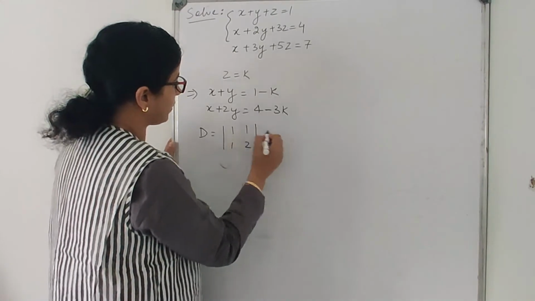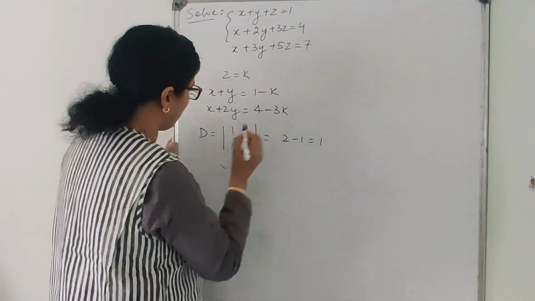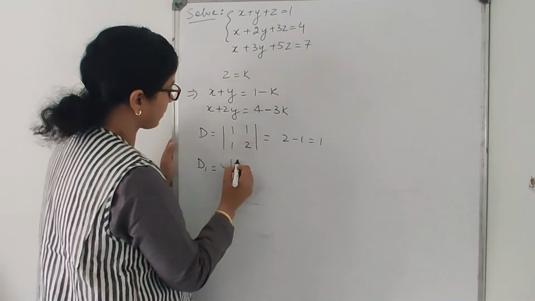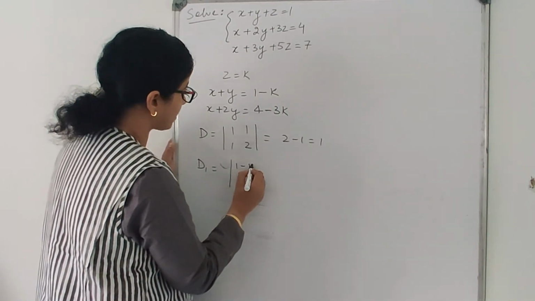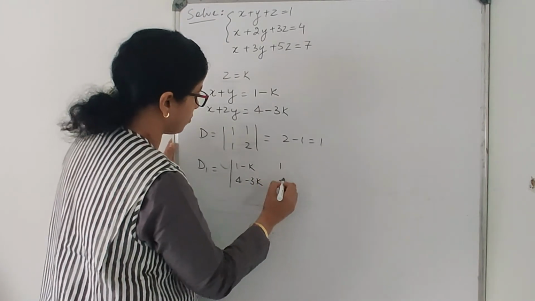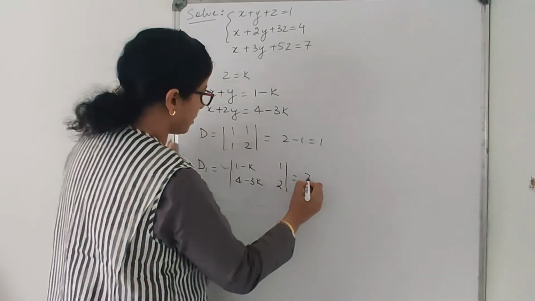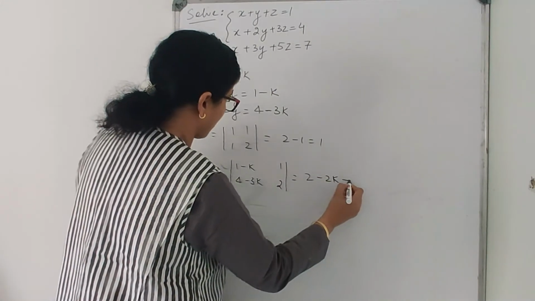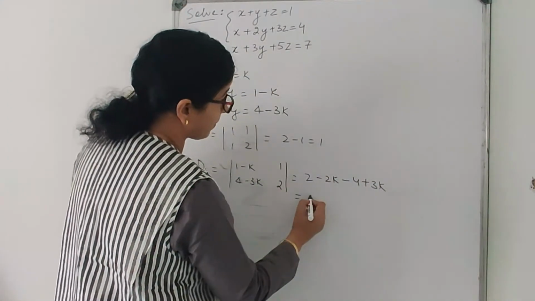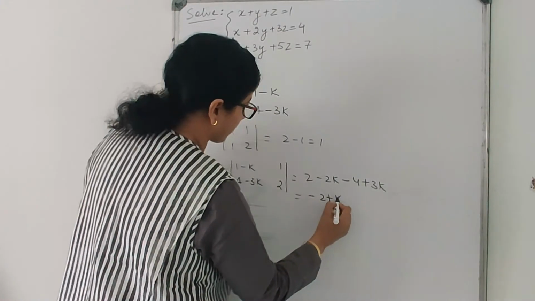So what is the value of d? 2 minus 1 is equal to 1. I will find my d1. In d1 I will replace the x coefficients with 1 minus k, 4 minus 3k, 1, 2. Okay. So what I am getting? 2 minus 2k minus 4 plus 3k. So basically what I am getting here? Minus 2 plus k.